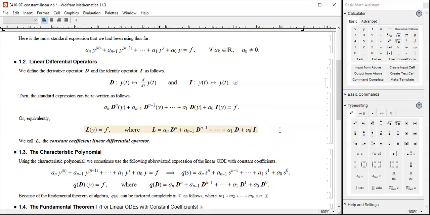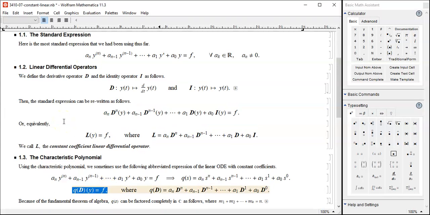The same as before. So L and Q of D are the same thing. So it is possible to express the same ODE here as L of y equals f, or Q of D of y equals f. They all mean the same thing.